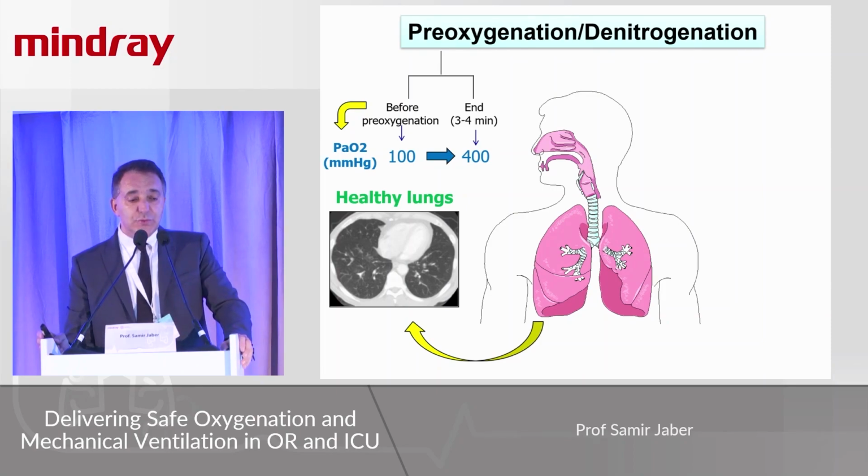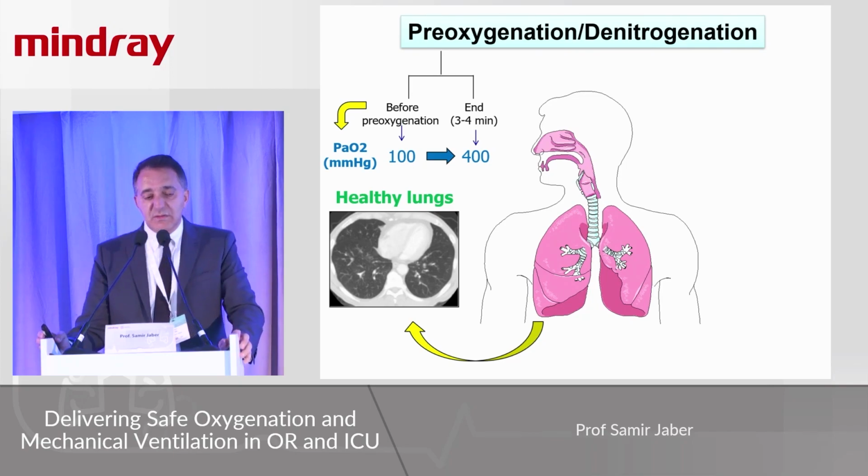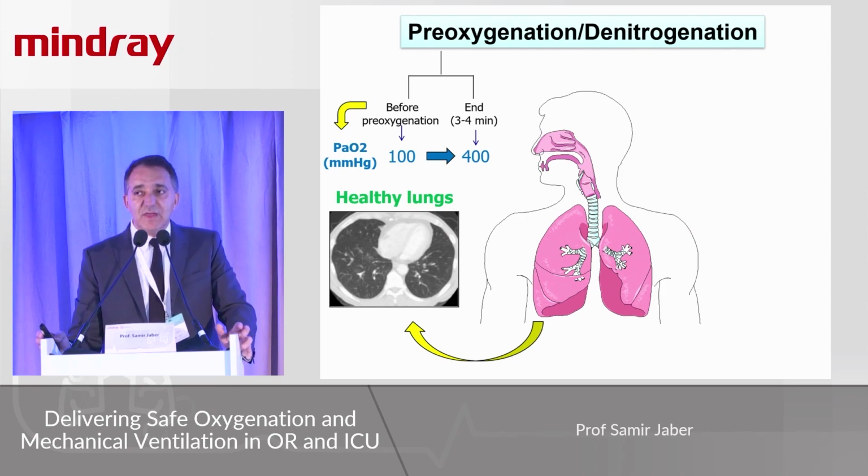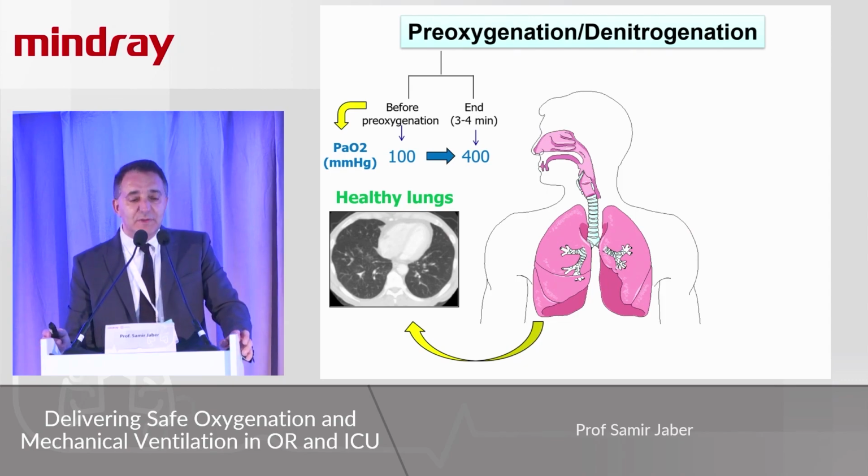This allows you, in case of difficult intubation or complication, to have time to change to plan B. And then you can wait 5 to 6, 7, 8 minutes in a healthy lung.